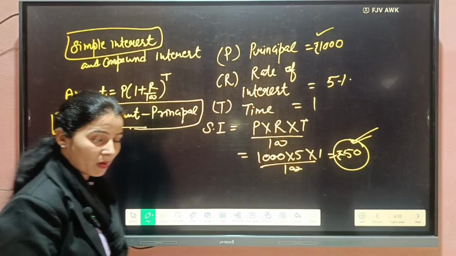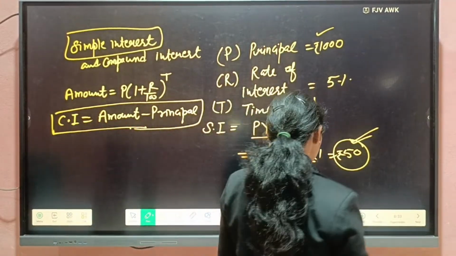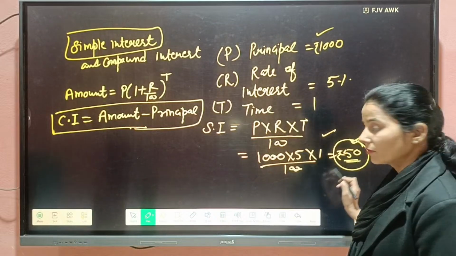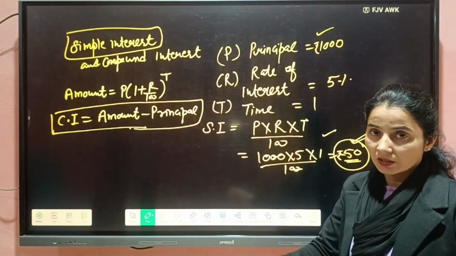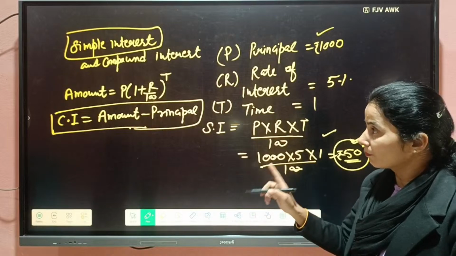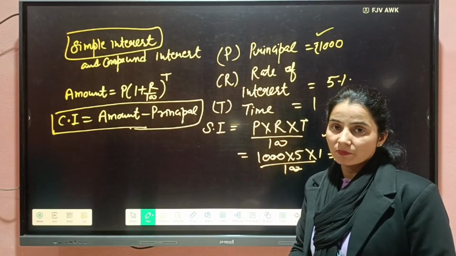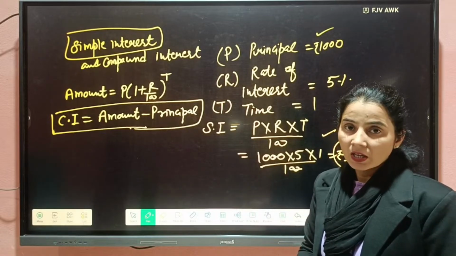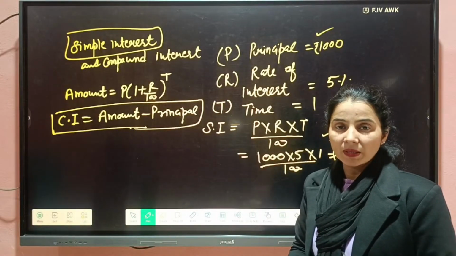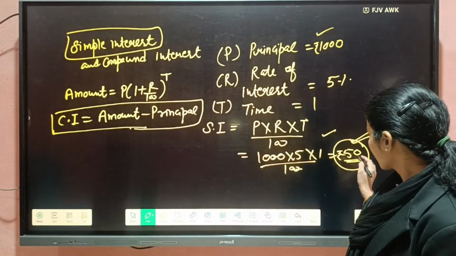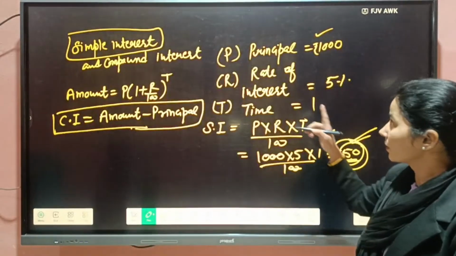The difference between compound interest and simple interest is that in simple interest, every year you will get rupees 50 as interest. But in compound interest, for the first year, compound interest and simple interest both will be the same. For the second year, there will be a difference. This charge you have to add to your principal.